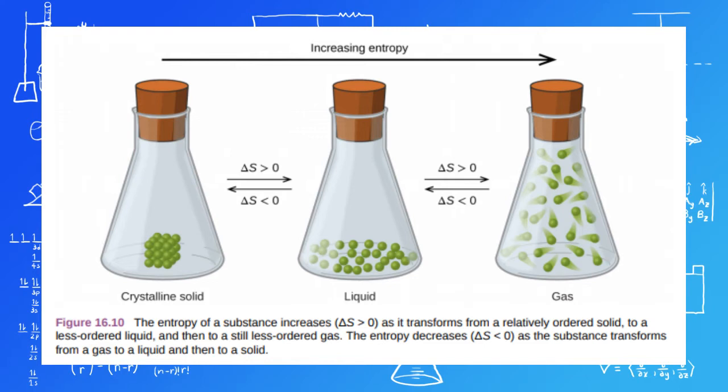So if I were asking which is a greater change in entropy, going from solid to liquid or going from liquid to gas? Going from solid to liquid increases the entropy by a great deal. Going from liquid to gas increases the entropy way, way more. The liquid to gas entropy change is way bigger than the solid to liquid entropy change. Keep that in mind for later.